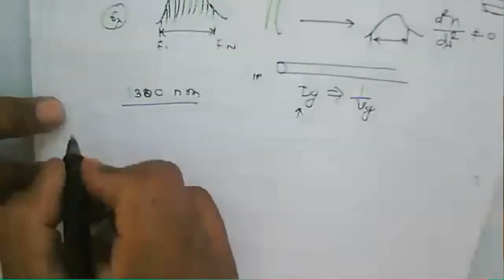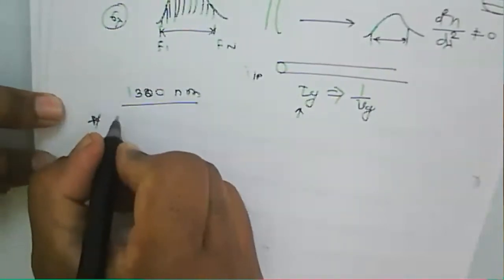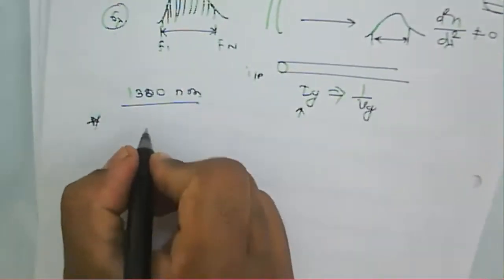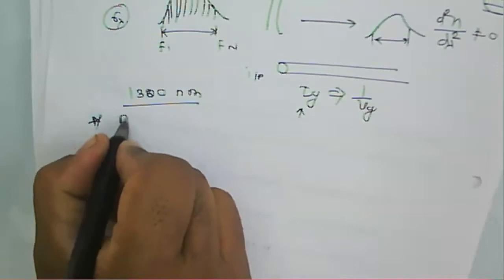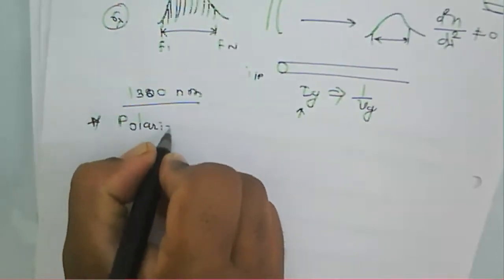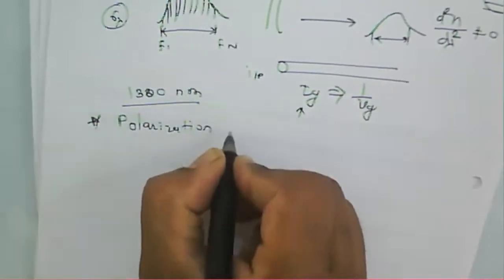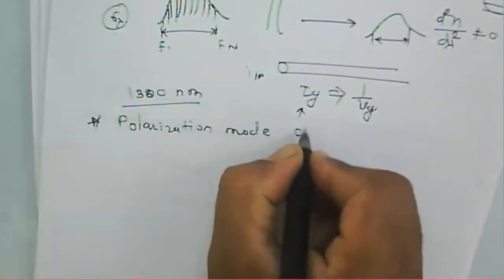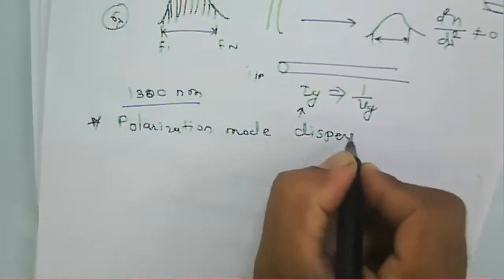Now the next factor is about a given particular source propagating the signal. So we need to know what the polarization mode dispersion will be. Polarization mode dispersion.